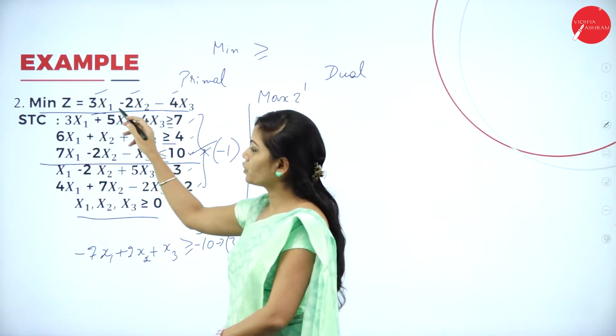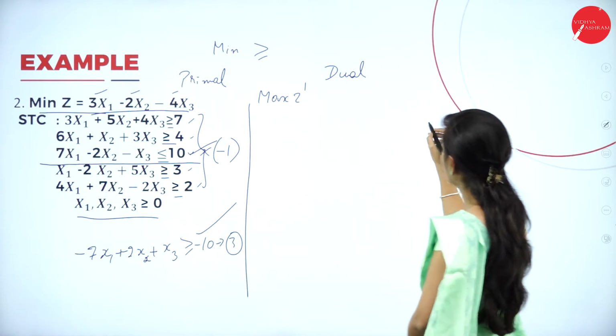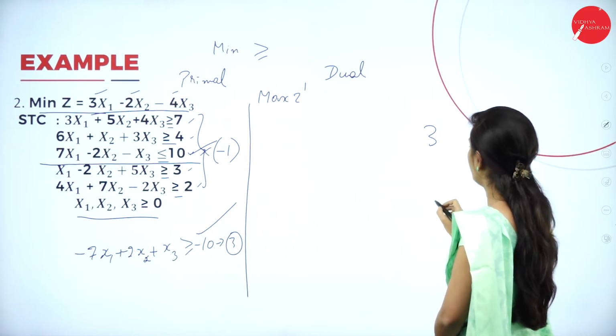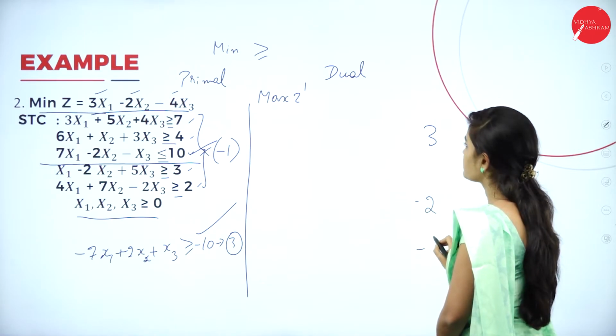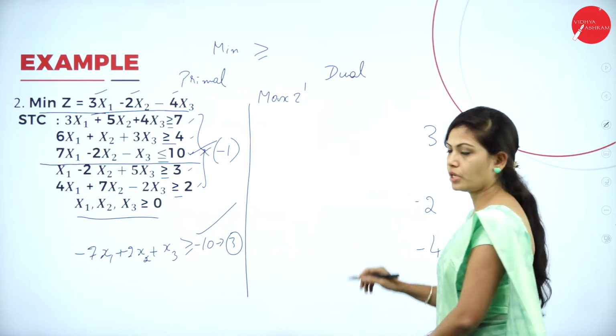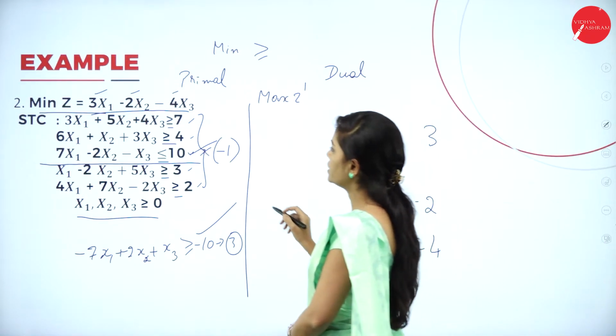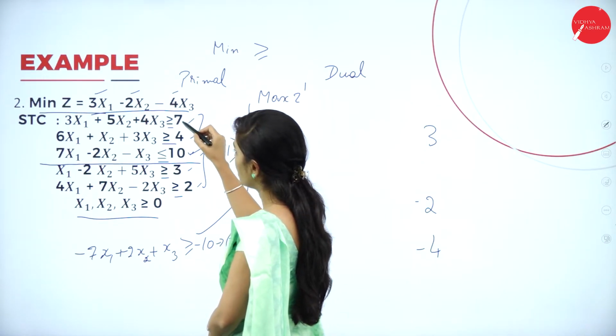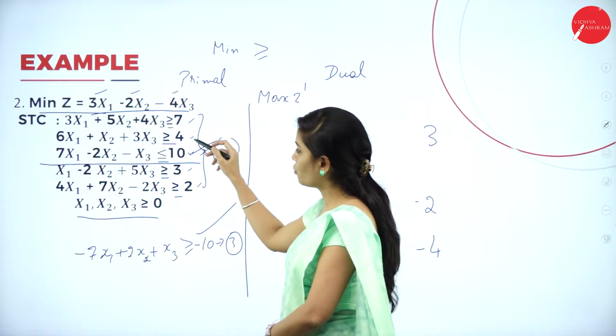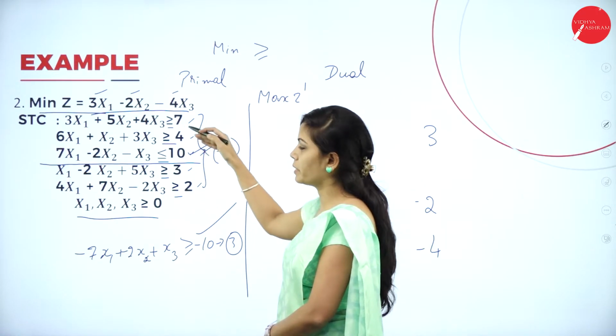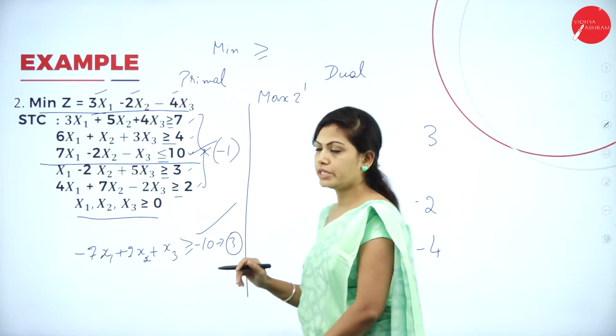All the coefficients of this objective will become RHS values: minus 2 and minus 4. After that, observe the constraints. I have greater than or equal to 7, 4, minus 10, 3, 2. Now these become the coefficients of the objective function.